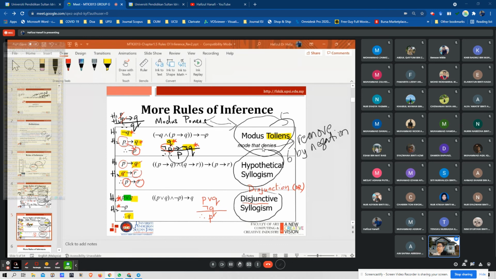We have P implies Q and Q implies R, which implies P implies R. Hypothesis 1, P implies Q, and then Q implies R. If we have the same element, you eliminate the same statement.